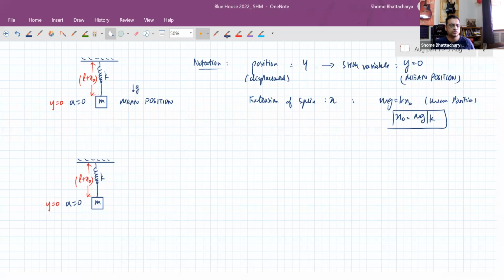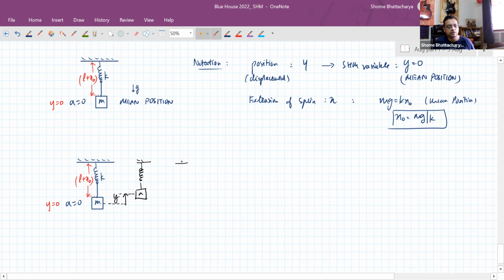So now imagine from here, if I've taken it to a position where it is here, let's say. So if this was a y equal to 0 position, then here it has been given some positive y, or we take it to a position like this below.